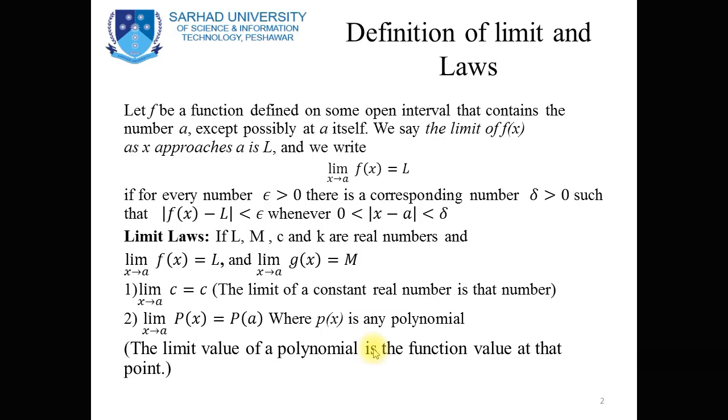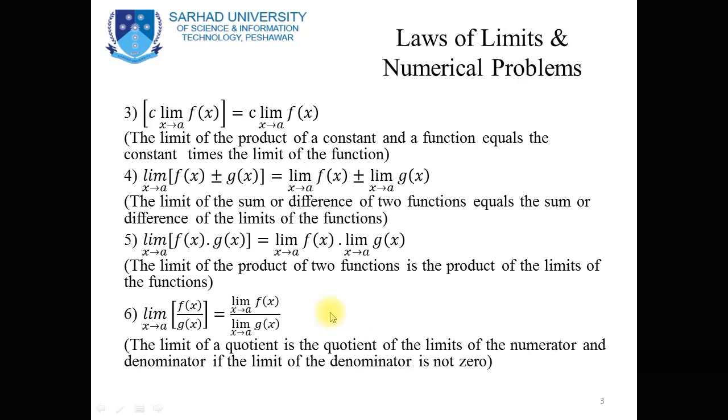It means that the limit of a constant real number is that constant. And law number 2: limit x tends to a for the polynomial p of x is equal to p of a, where p of x is any polynomial. It means that the limit value of a polynomial is the function value at that point.